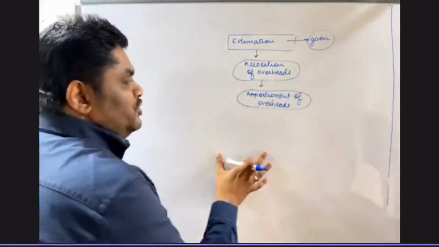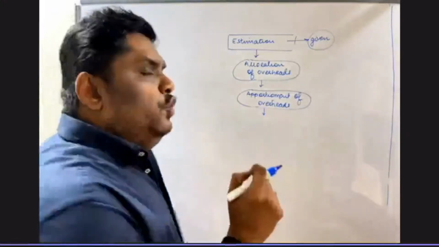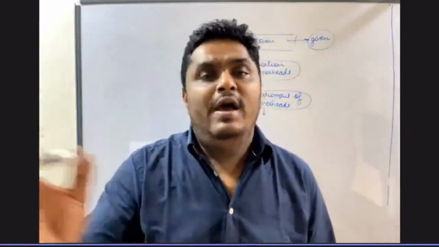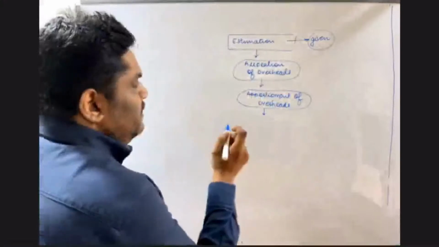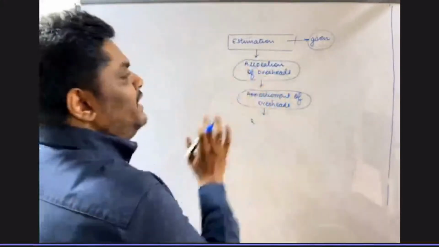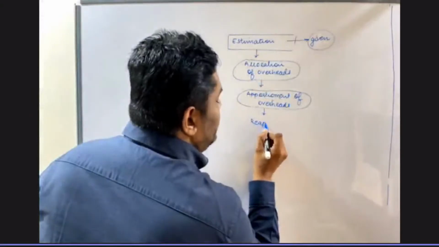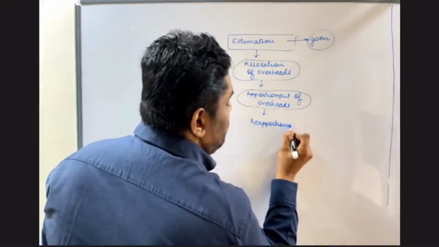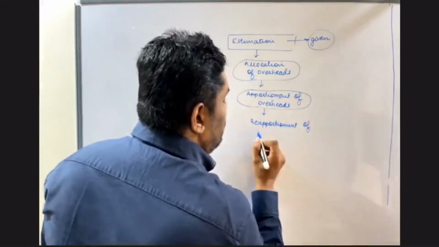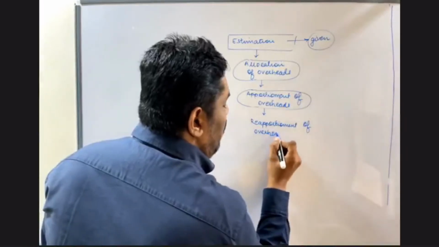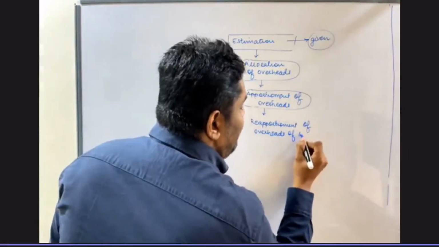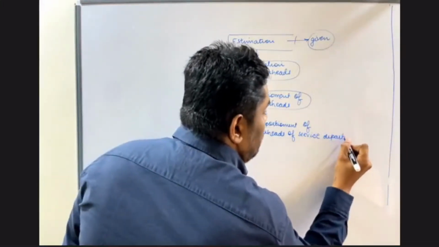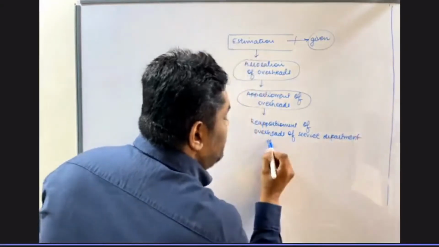After allocation and apportionment, we do reapportion the overheads of service department to the production department. Why we are doing so, I'll be discussing this. So don't worry, guys.